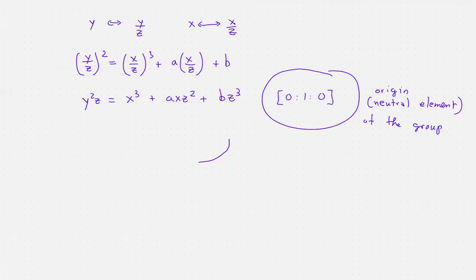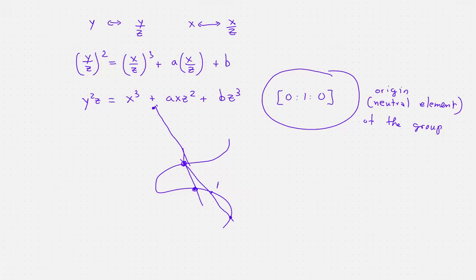So if you start with 2 points, then you find the third point, and then you connect the point at infinity with that third point, and whatever point you find, that is the point you associate with the sum, or that's what you associate with the 2 initial points.